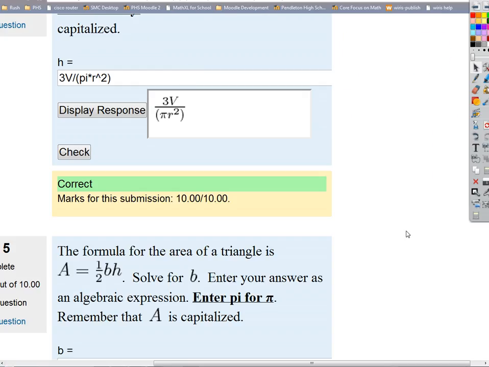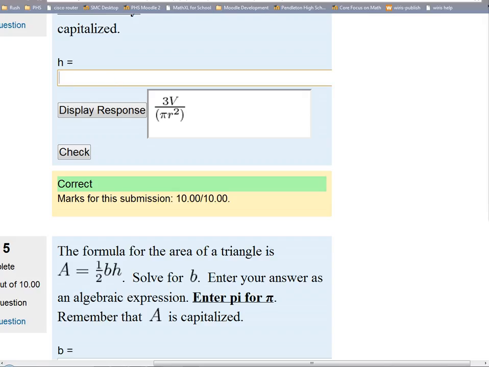I'm trying to think of all the stuff you guys would need to do for now. Probably the only other thing is square root. We're not going to do that for a while, but how do I do a square root? What if I want to enter something like the square root of 3x plus 2? Okay, good. Sqrt is how we do square root, S-Q-R-T.